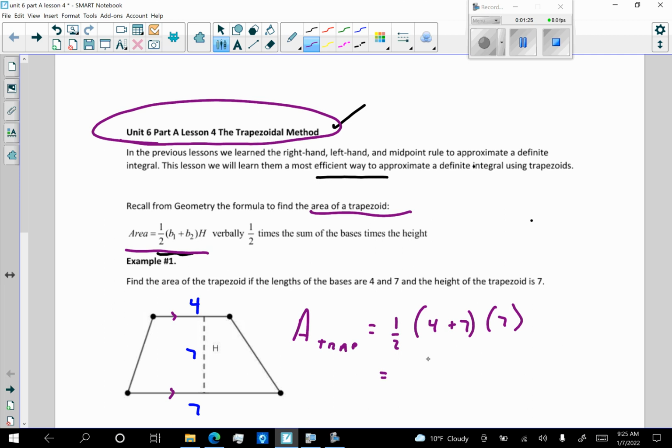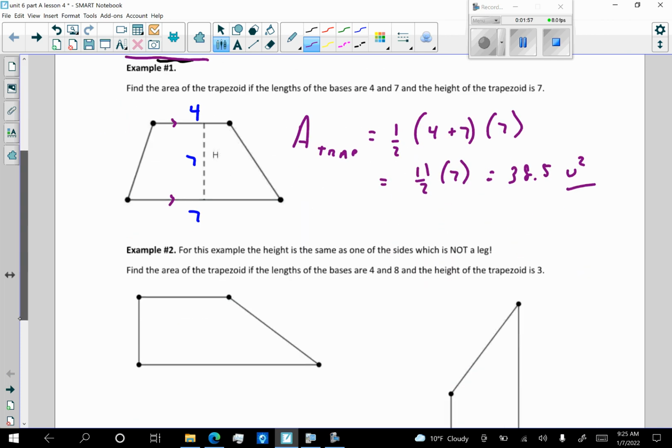So 4 plus 7 is 11, 11 halves times 7, which I believe is 38.5 units squared. We're not given units here, but when we talk about applications of definite integrals, we are given the units, so make sure you put the units down. Right now, units squared. So let's do another example.